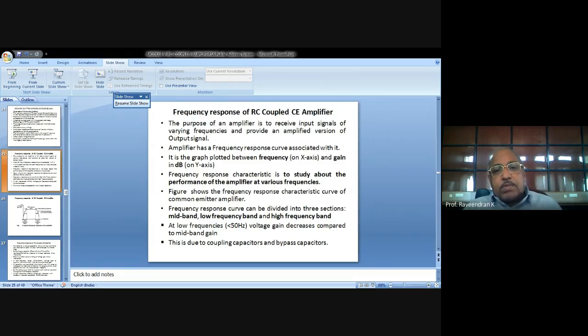After that comes the power amplifier, which makes use of the maximum power transfer theorem. I told you before that beyond the high and low frequency regions, the power gets halved. That is why the high cutoff frequency and lower cutoff frequency are called 3 dB frequency points, where the power of the amplifier is reduced by half.